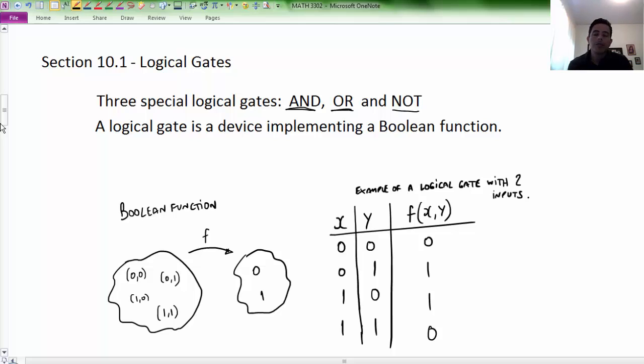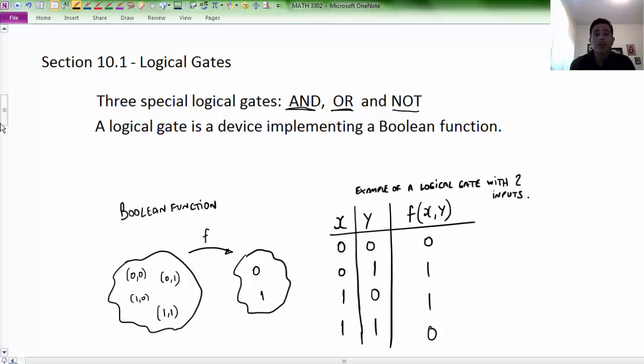So a computer or a laptop or phone and many other electronic devices can perform operations, and the transistors and chips inside these devices are made of logical gates. Computer memory is made of logical gates. In fact, we're going to see an example of how we create a building block of a computer memory using these devices. So it's important to know.